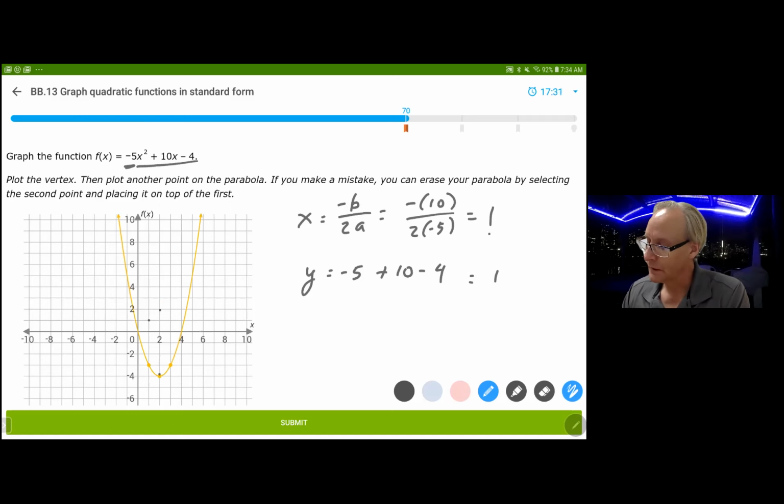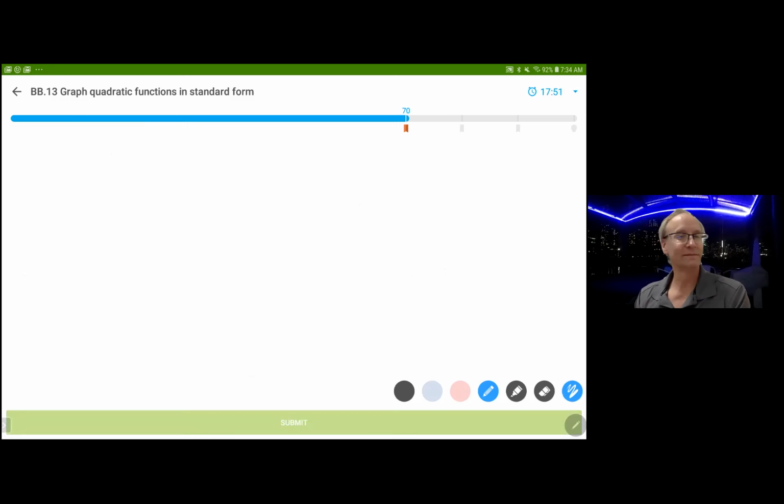Sorry. Let me get rid of that. There we go. 1, 1, and then right there. Oh, I'm off a little. Let me get it down in here where it belongs. There it is. So 1 down negative 5, and I know you're thinking the slope works, but it doesn't. Anyway, there it is.